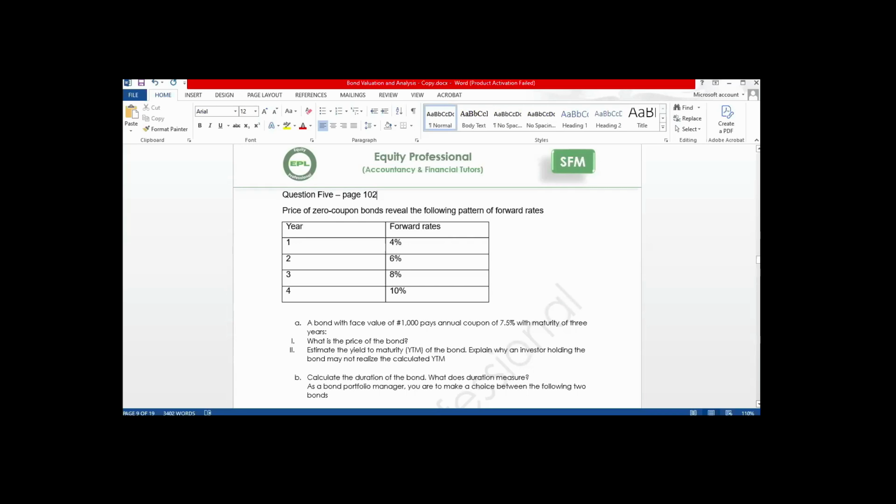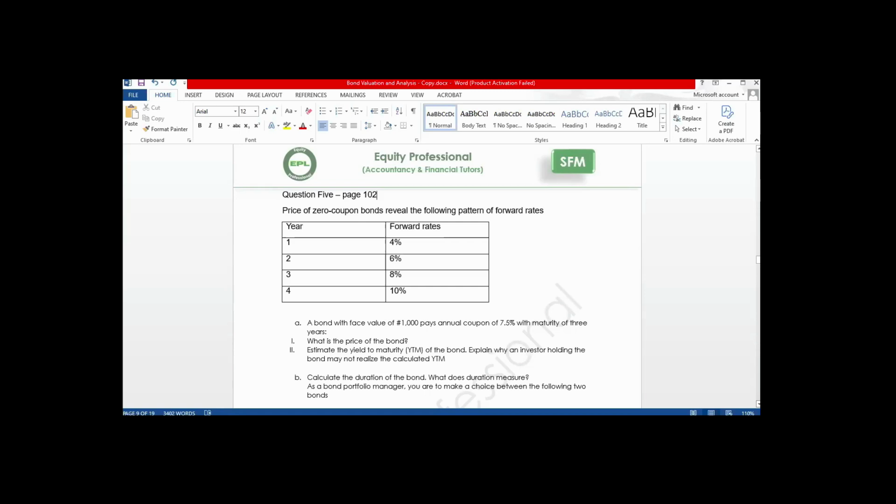These cash flows will be discounted by the yield. Now, the yield could either be spot yield or forward yield. In this question, we are given forward rates.